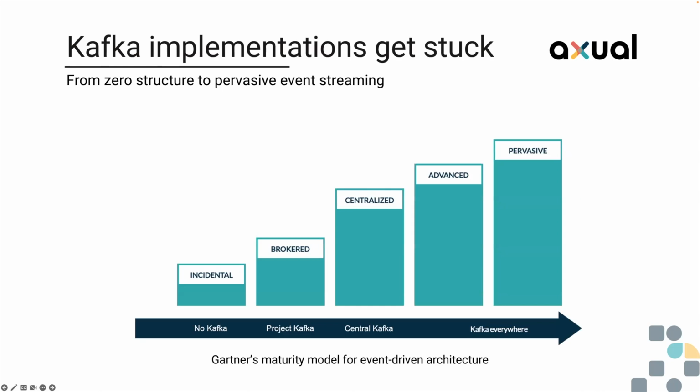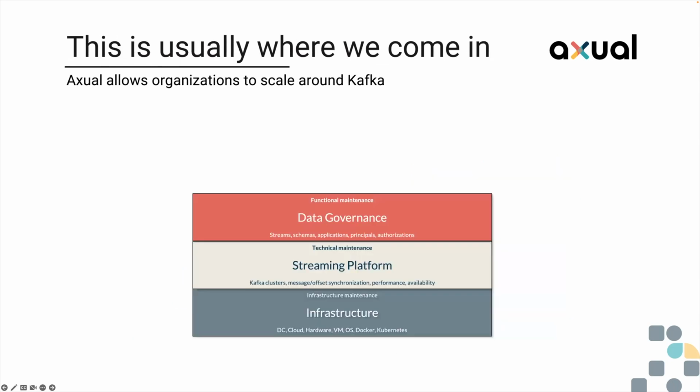And this is why, when implementing such a centralized platform, organizations often get stuck, simply because it's relatively difficult to set up data governance and security rules and all that on a common platform like Kafka. And this is usually the phase where we come in. So we actually allow organizations to scale around a Kafka implementation.